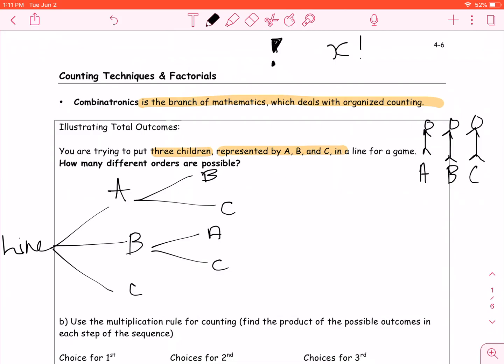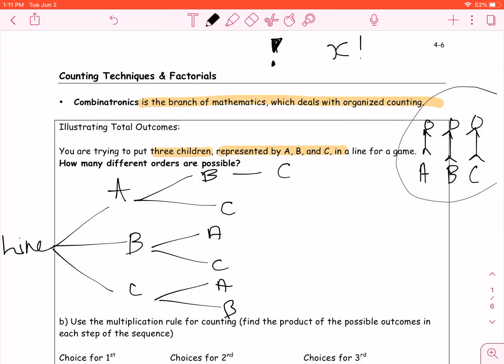And if I started with child C, that would either give child A or child B the second spot. Okay? Now obviously we have one more spot that we need to consider for each of our branches, so that would be ABC, which is similar to my first arrangement that I just circled to the right.